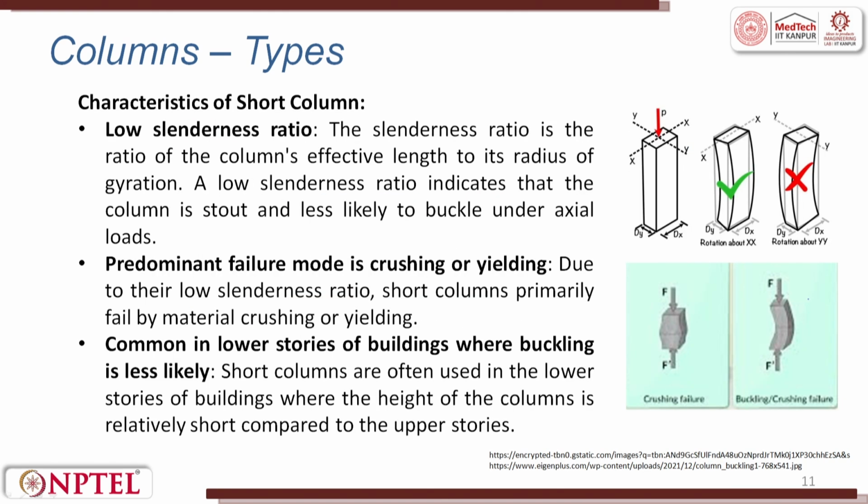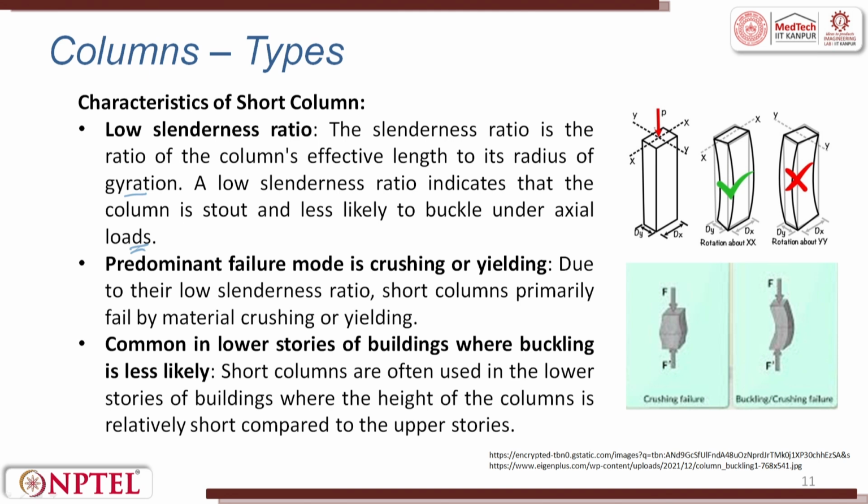The characteristic of a short column: low slenderness ratio. The slenderness ratio is the ratio of the column's effective length to its radius of gyration. A low slenderness ratio indicates that the column is stout and less likely to buckle under axial loads.